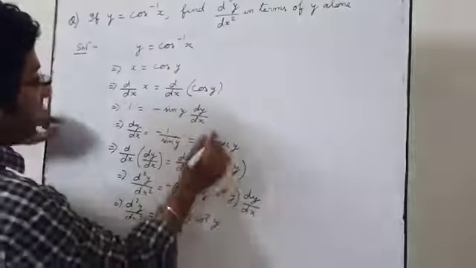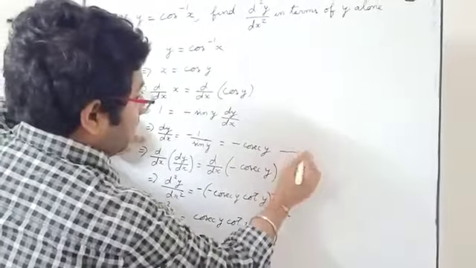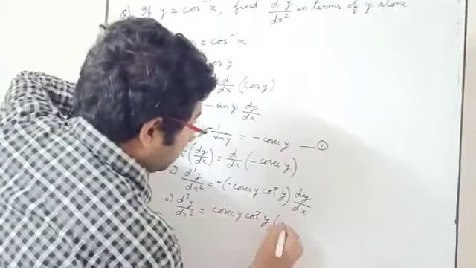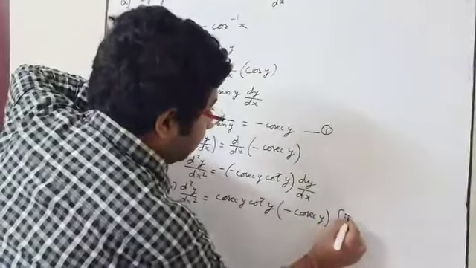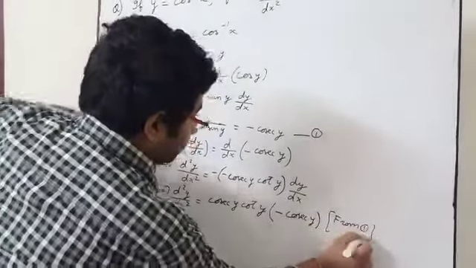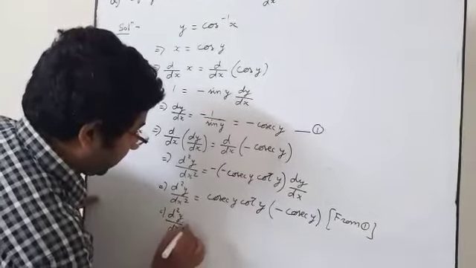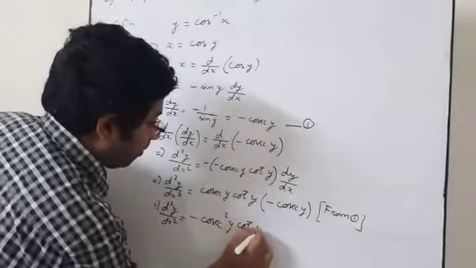And what is dy by dx? From equation 1, dy by dx is minus cosec y. So ultimately d2y by dx square is minus cosec square y cot y.